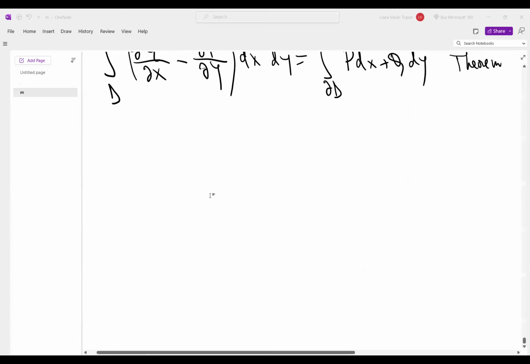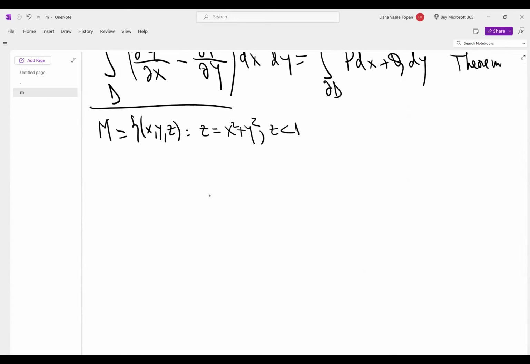Let's take M to contain all the triples x, y, z in R cube, for which z equals x squared plus y squared, and z is less than 1. Okay, this is a smooth two manifold in R cube, and you are welcome to try to prove that this is indeed a smooth manifold using some method that we presented yesterday.